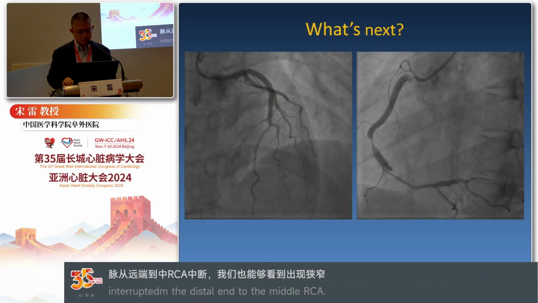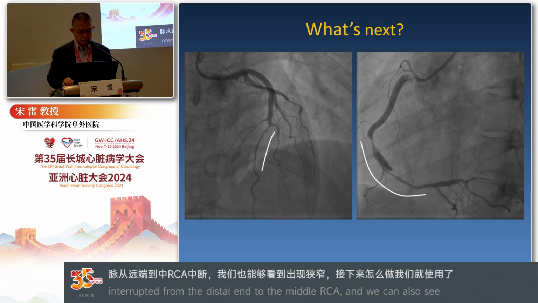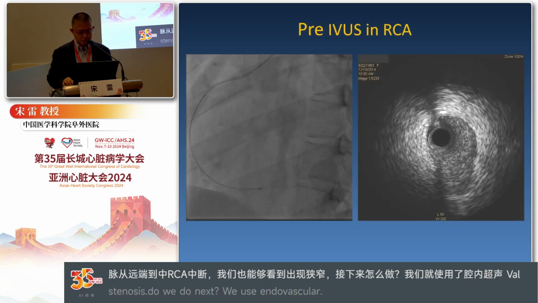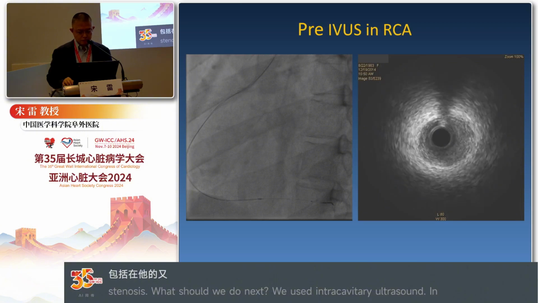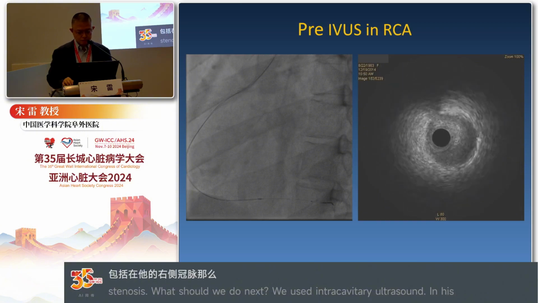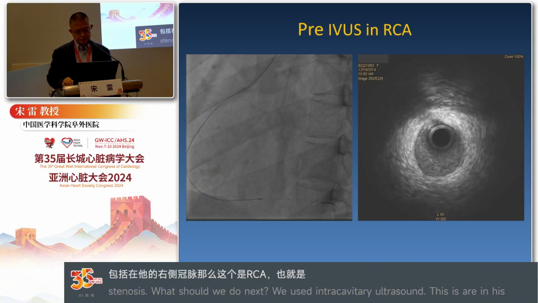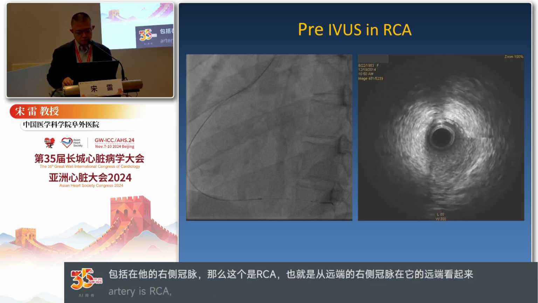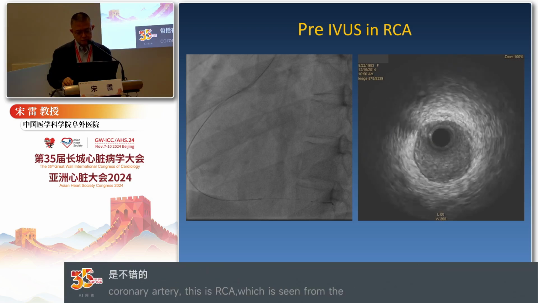What's next? We do the OCT, both the LAD and the right coronary. For the RCA, the distal part looks good, with no atherosclerosis.